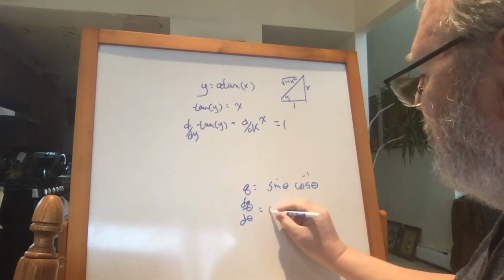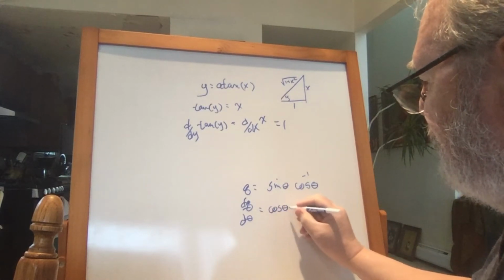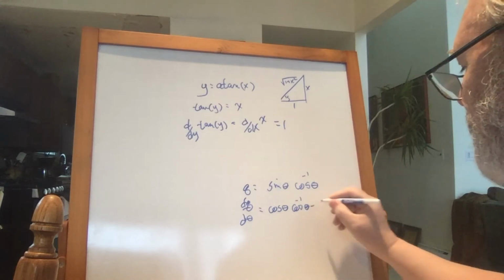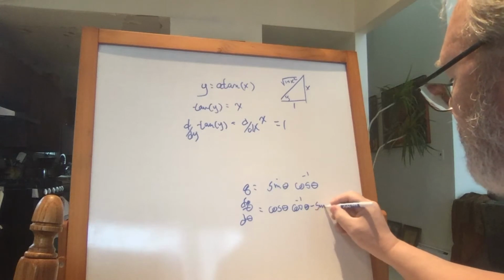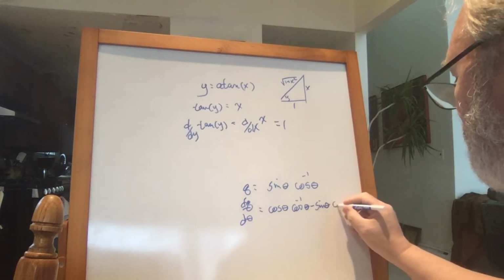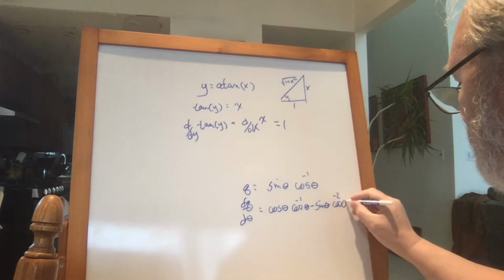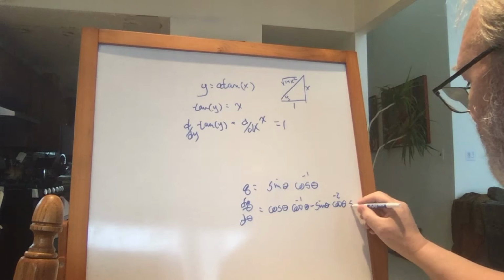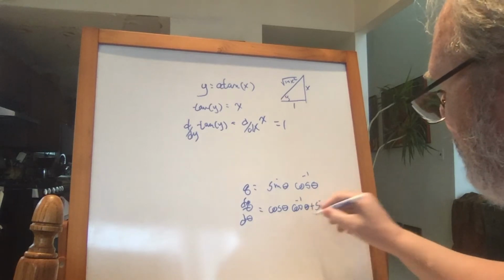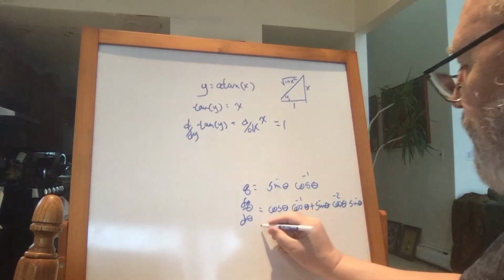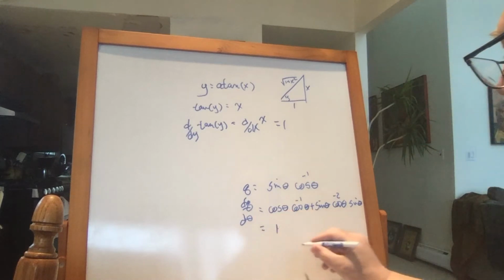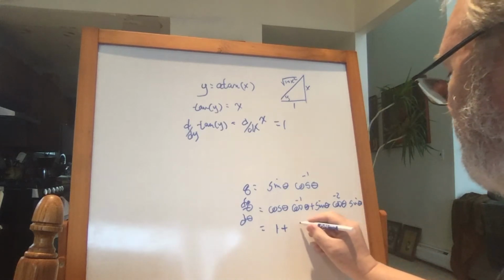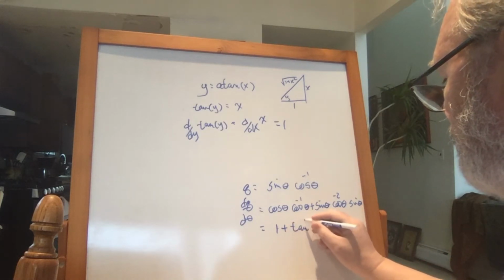So we get cosine theta times cos^-1 theta minus sine theta times cos^-2 theta times negative sine theta, but that makes that a positive, and we end up here with 1 plus tangent squared theta.